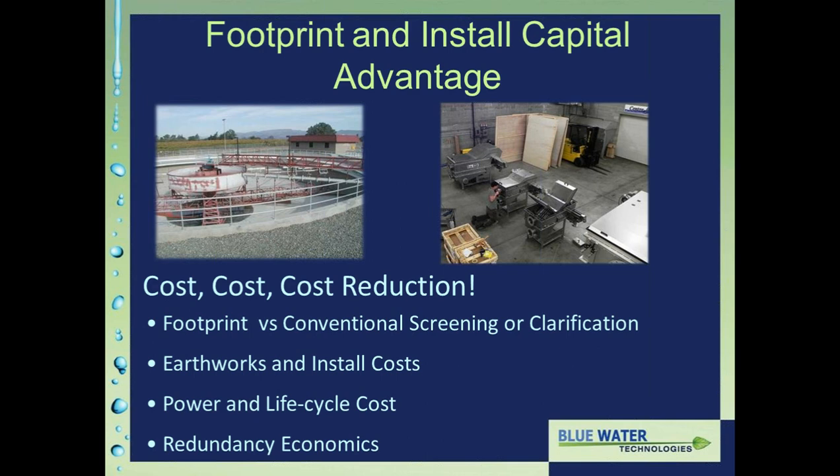So really, to summarize the application, stormwater, overflow scenarios, treatment of those challenges, those water sources with the EcoMat rotating belt filter. Conventionally, you're doing it with screens, and a lot of times those screens aren't fully automated or are not completely appropriate for the level of treatment that we would like for stormwater treatment and for overflow scenarios.